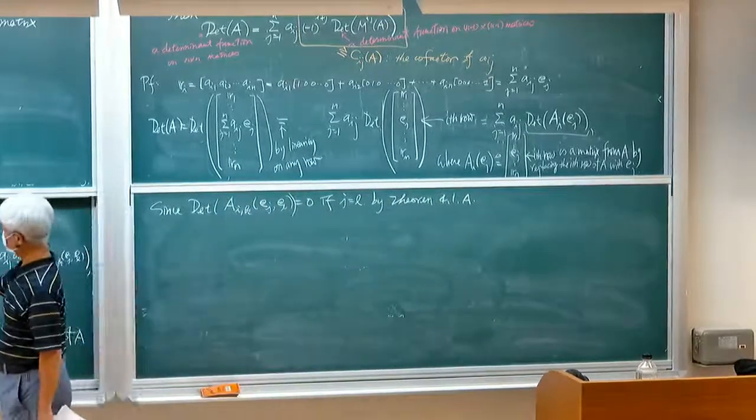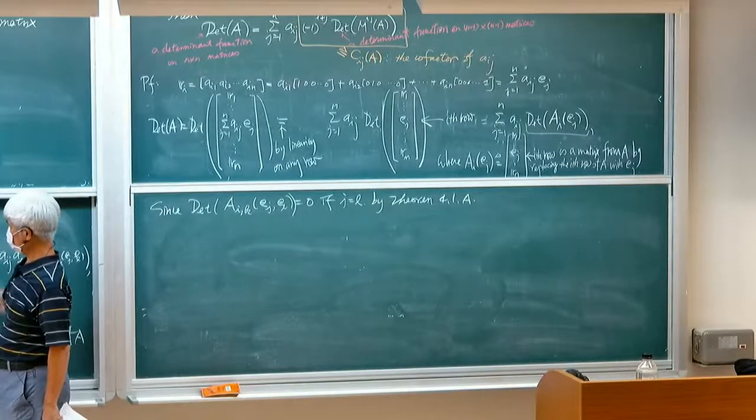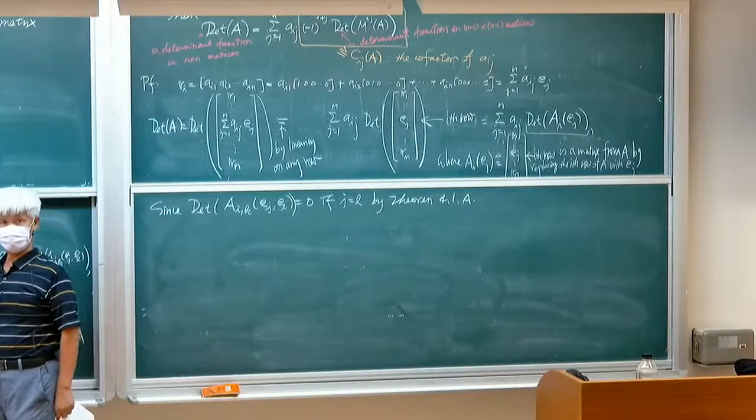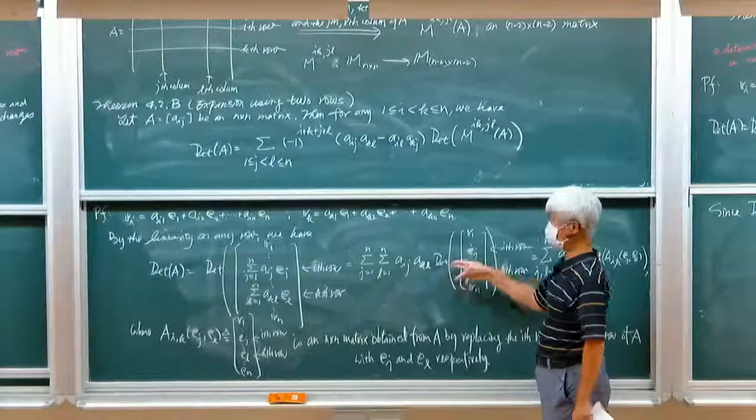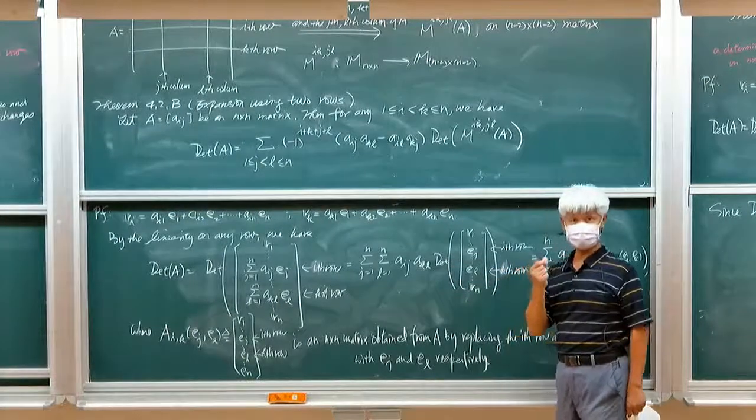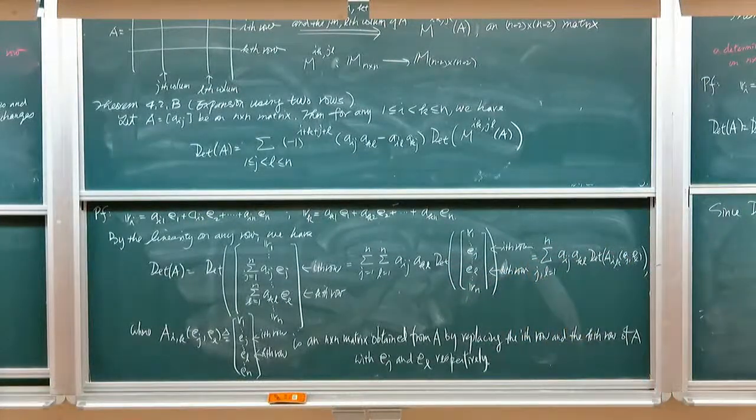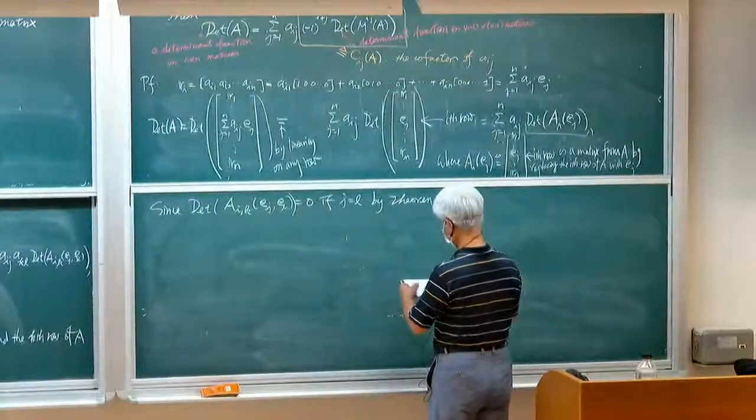If j equals l, these two rows are equal, and if two rows are equal, the determinant is 0.